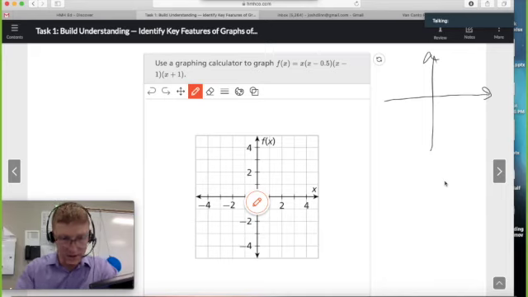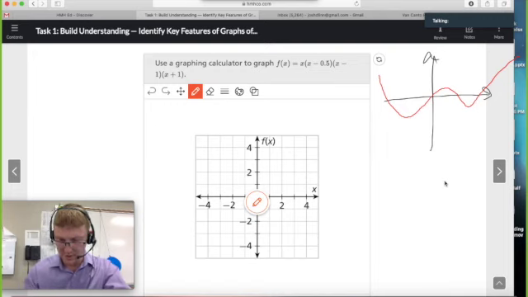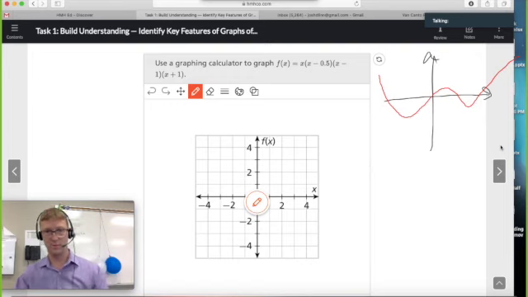Now, of course, this is not to scale. Let me zoom out real quick to make sure that that's right. Yeah. So that's, again, not a great drawing, but it'll get the job done.